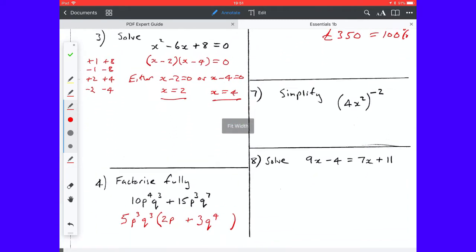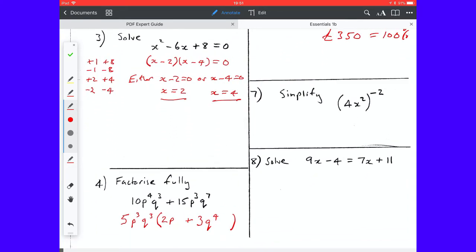Question 7. Simplify (4x squared) all to the power minus 2. Well, we do this in 2 stages. First, we get rid of the negative power. A bracket to a negative power is 1 over that same bracket to a positive power. So (4x squared) to minus 2 is 1 over (4x squared) to the power 2.